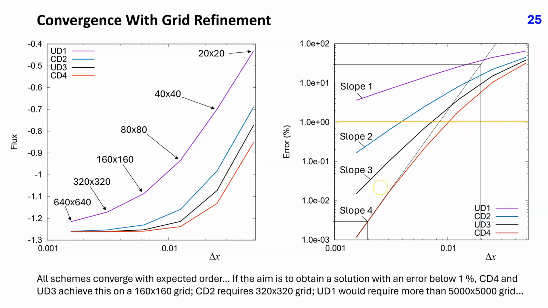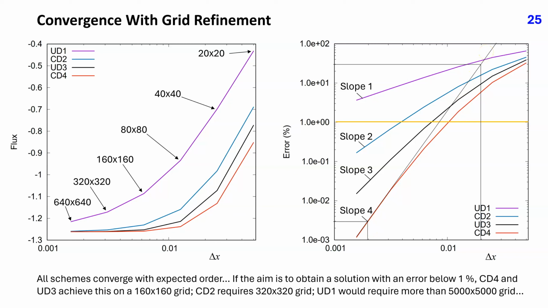The first-order scheme leads asymptotically to slope 1. The error reduces 1 order of magnitude when the grid spacing is reduced by the same factor. The fourth-order scheme approaches asymptotically slope 4, which is shown by extending the slope from the solutions obtained on the two finest grids.